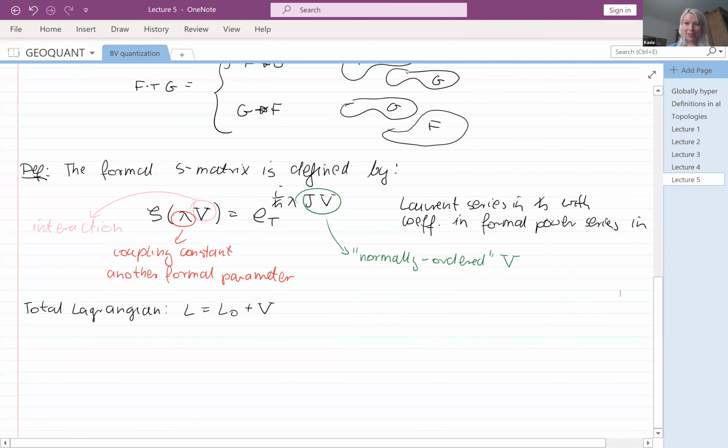So that guy, very formal, is the formal S matrix.